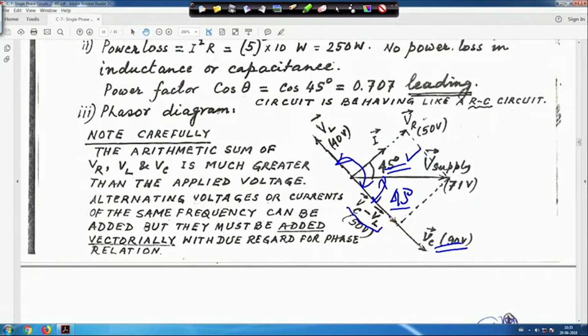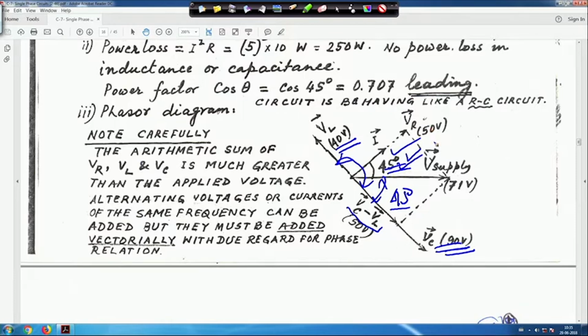As current is leading, Vc will be greater than VL. Look at that, Vc is 90 volt and VL is 40 volt. So Vc is greater than VL, that is why current is leading. You have to understand each and everything. That is why this current is at 45 degree.